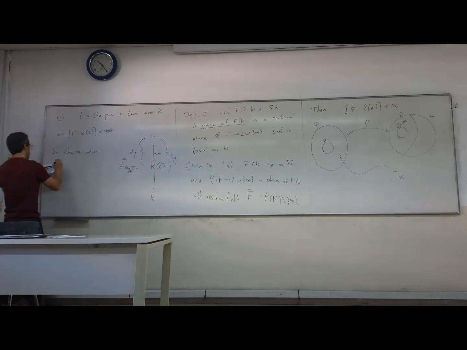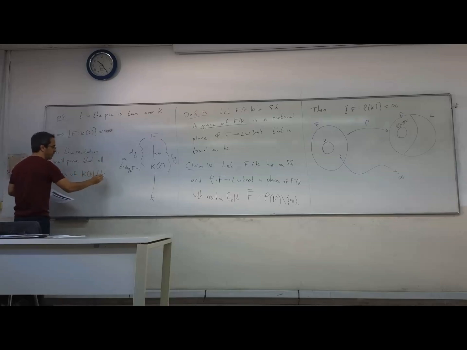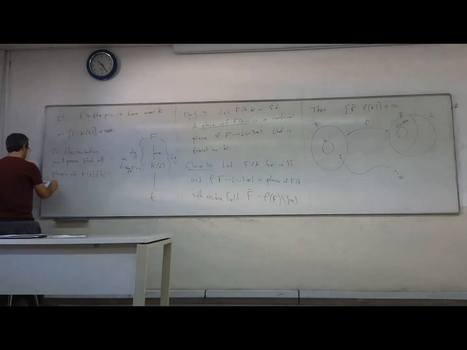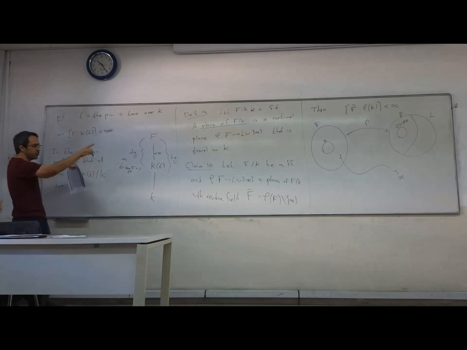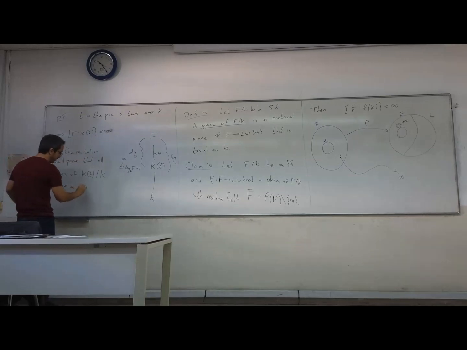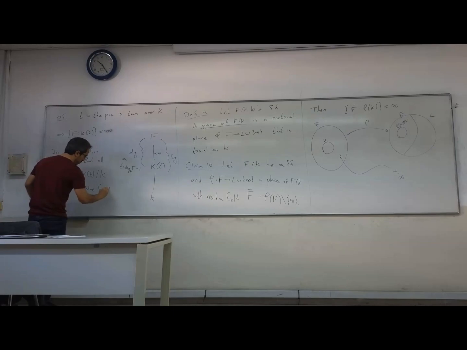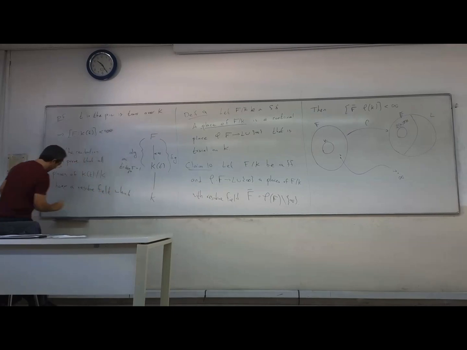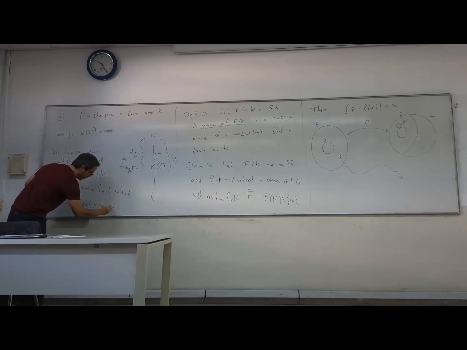In the recitation, you will prove that all places of the rational function field, namely places that are non-trivial here and trivial on k, have a residue field which is a finite extension of k.